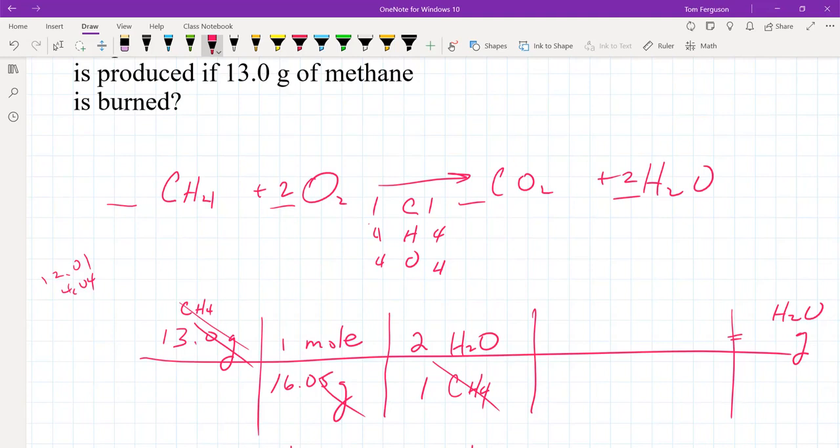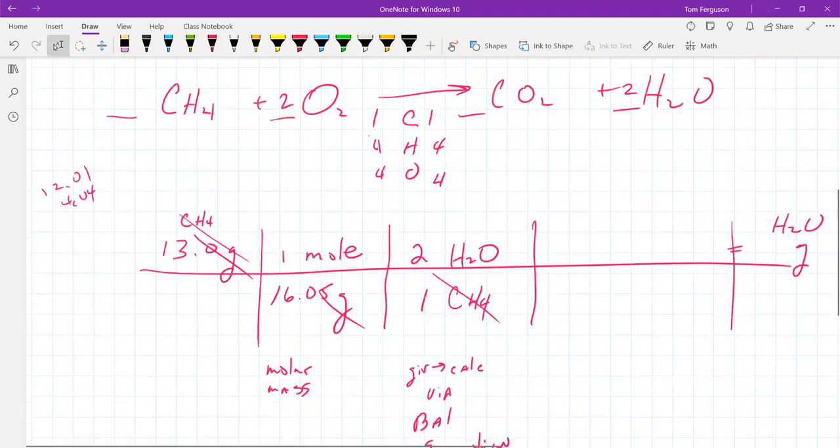Okay, now we need to go from moles of water to grams of water, which is again the molar mass of water.